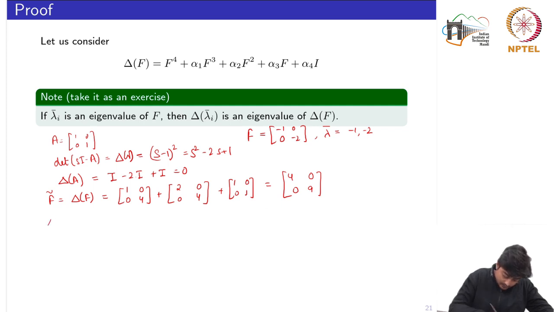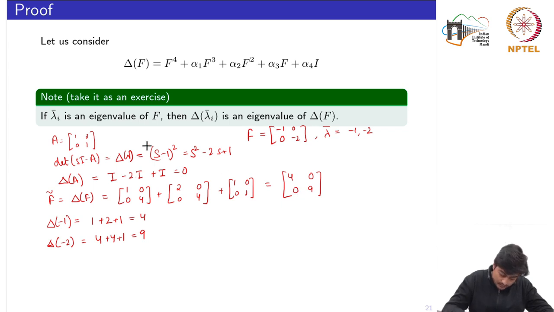So once we compute delta of -1, delta of -1 would be equal to 4, and again delta of -2 would be 9. So it is clear now that delta of lambda bar I are 4 and 9, which happens to be the eigenvalue of this F tilde matrix.